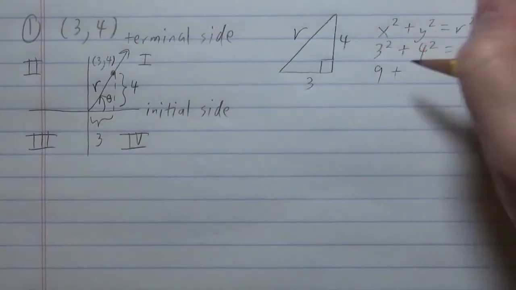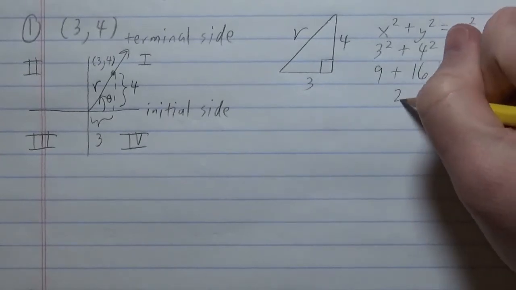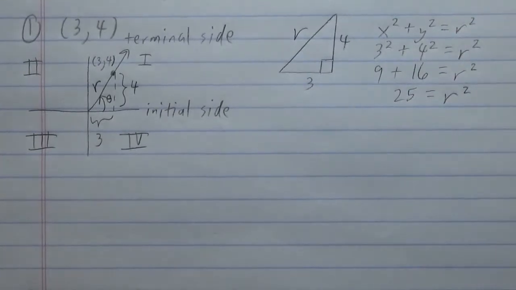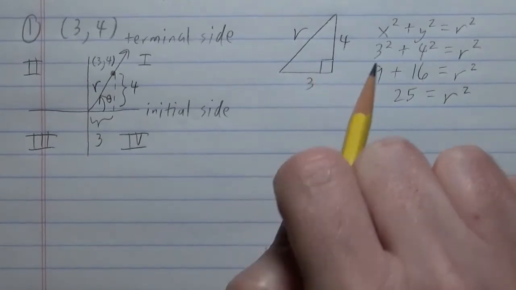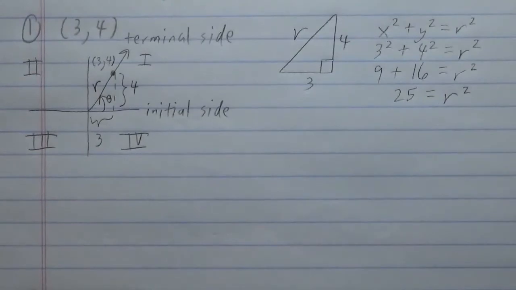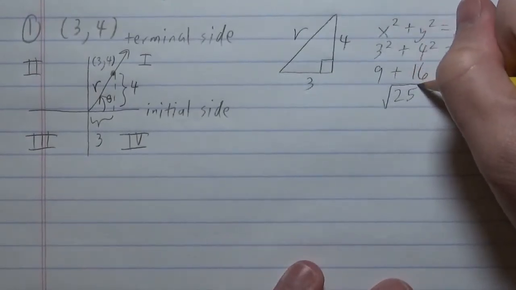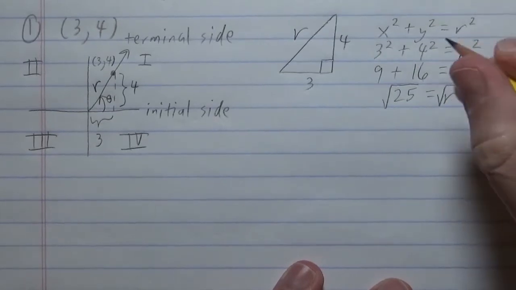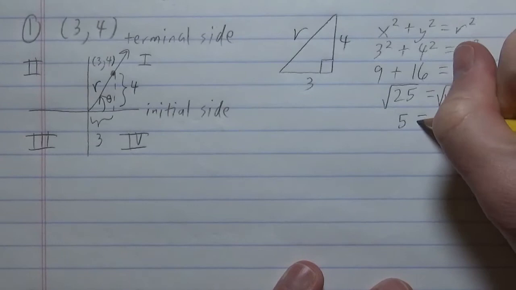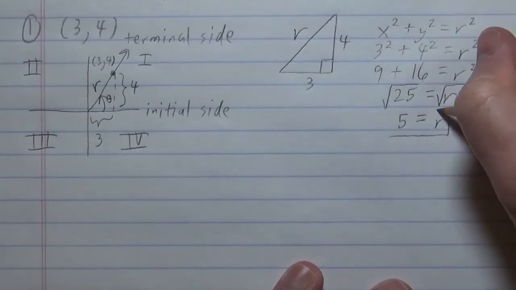This is 9 plus 16. This sum right here gets us to 25. We square root both sides, and we get that 5 equals r. That is a very important calculation because it allows us to get the 6 trig ratios.